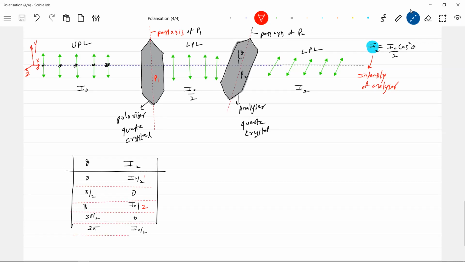So what is the meaning of this? It is very simple. Suppose you have your physics teacher. Let me draw myself.